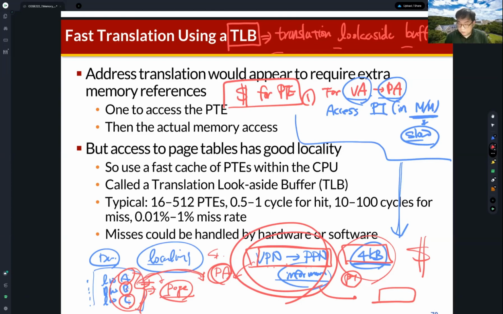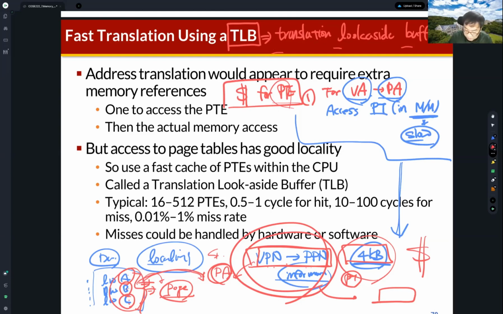So TLB means that when a page table entry is requested for virtual address to physical address translation, this page table entry is cached in the TLB, the translation lookaside buffer. After that, when this same page table entry is requested, it can be found in the TLB with very high probability.